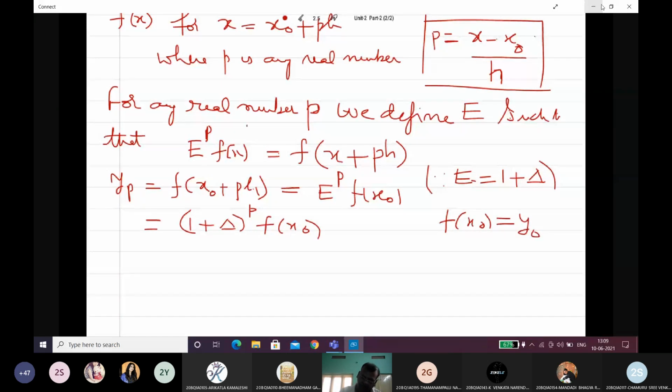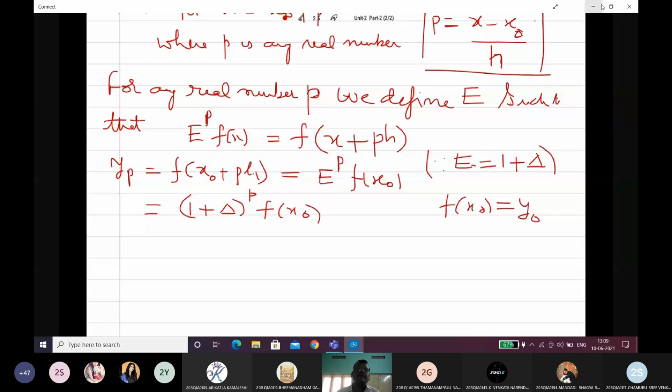Now we have to expand 1 plus delta whole power p by the binomial theorem. What is the binomial theorem?